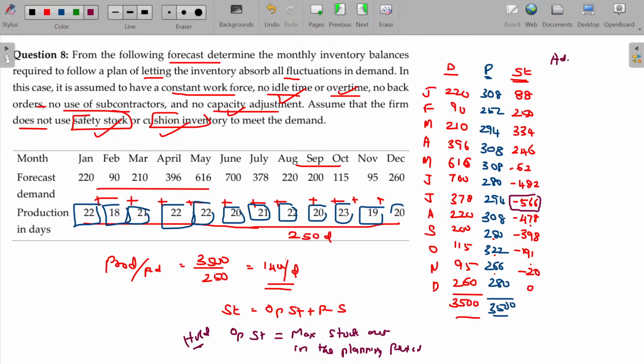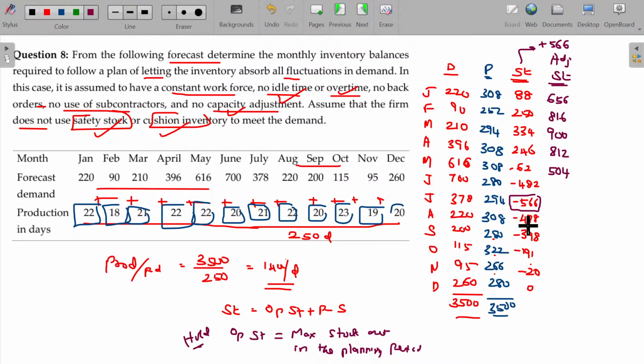Now adjusted stock. Come on, tell me. 88, already we have opening stock 566. So 88 plus 566, 654. It means you have to add 566 with this one. 250 plus 566, 816. 334 plus 566, 900. 246 plus 566, 812. Minus 62 plus 566, 504.